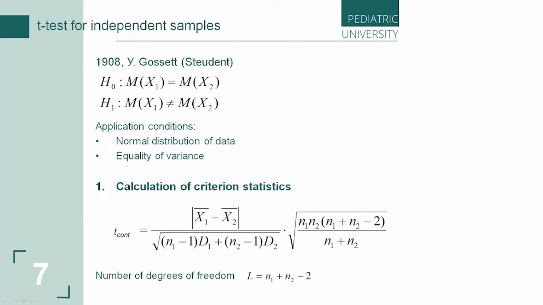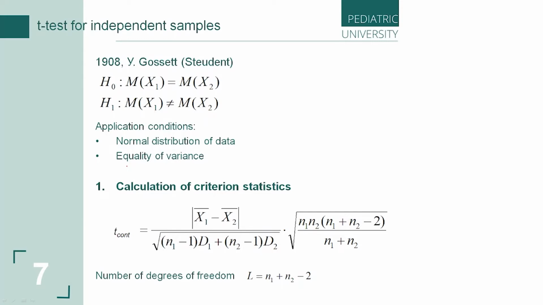There is a correction for this criterion when the variances are not equal. It's called the Yates correction, and it's implemented in statistical software packages, and we don't study it in our course. In our case, to apply this criterion, we need a normal distribution in samples and homogeneity, or equality, of variances.